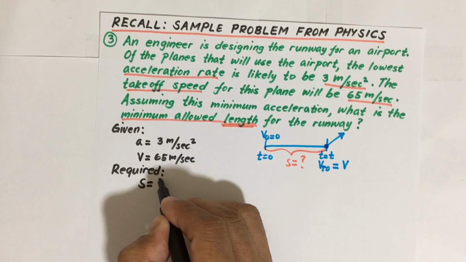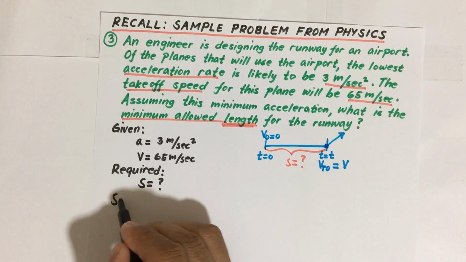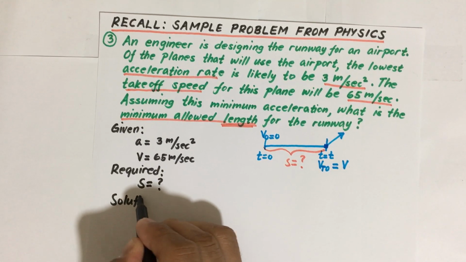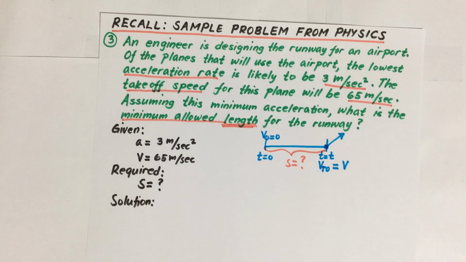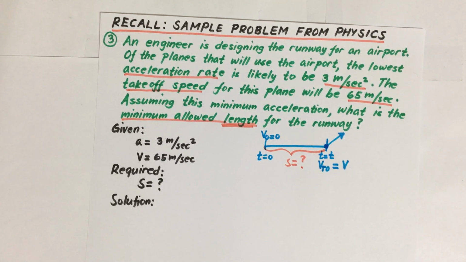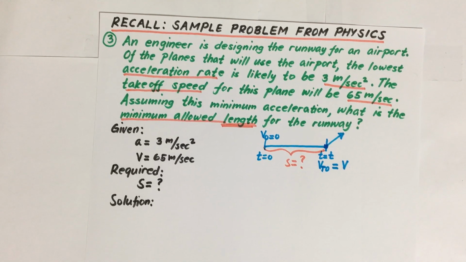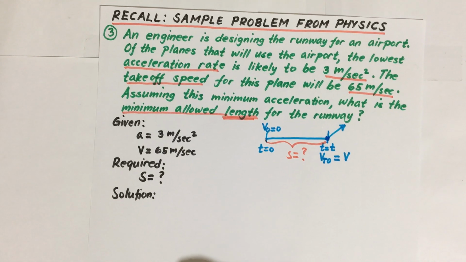Alright, so for our solution, once again, I'd like to suggest that it's better for you to write the 3 formulas for the uniform acceleration over and over again, to help you memorize or remember them.